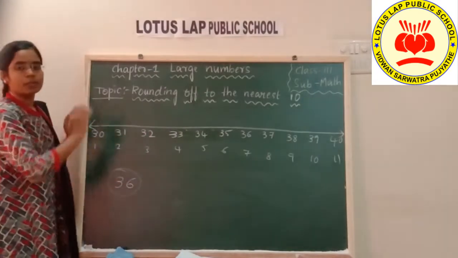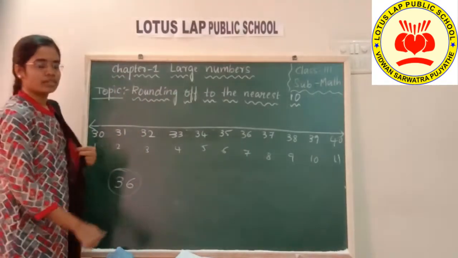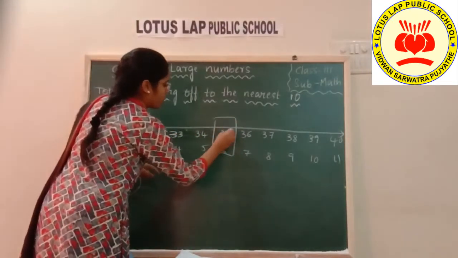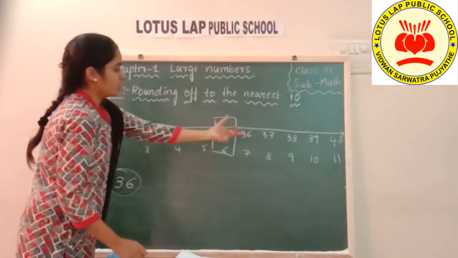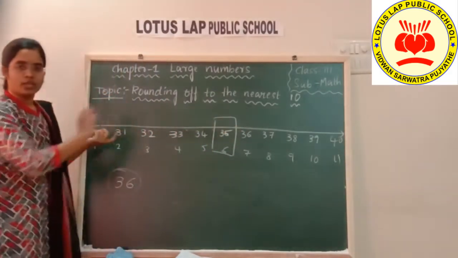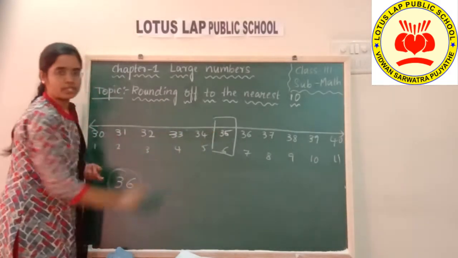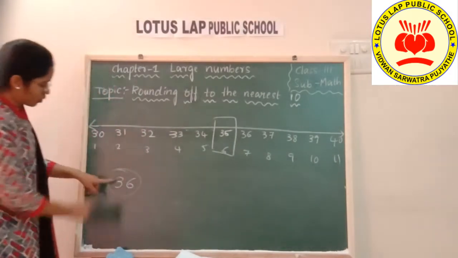If you divide them into 2 equal halves, that means 5 and 5, what is your reference value going to be? Yes, 35. It is exactly in the middle. When you divide the numbers on the number line into 2 equal halves, you are going to have 35 as the reference value. By seeing this reference value, you need to round this number.